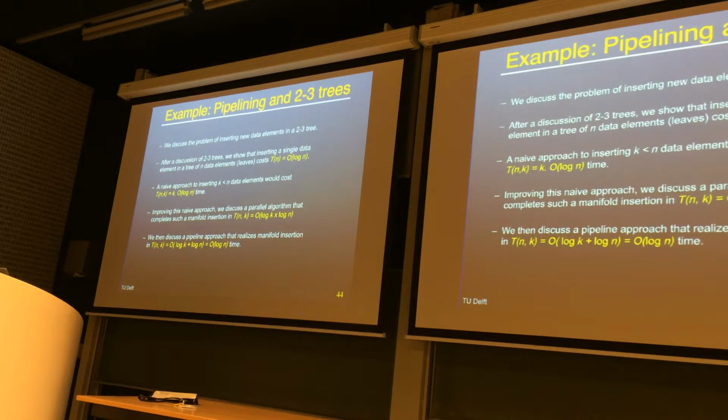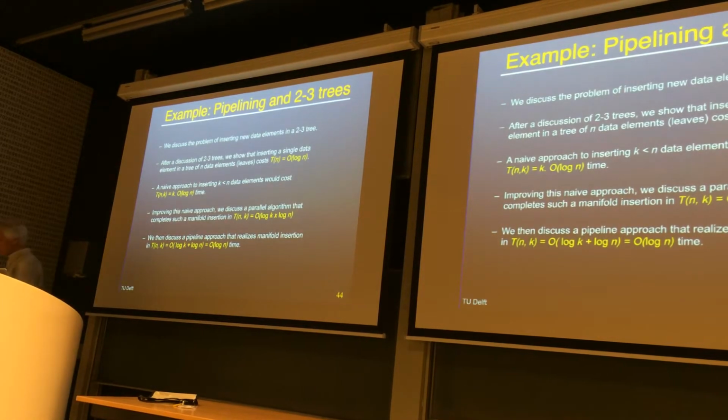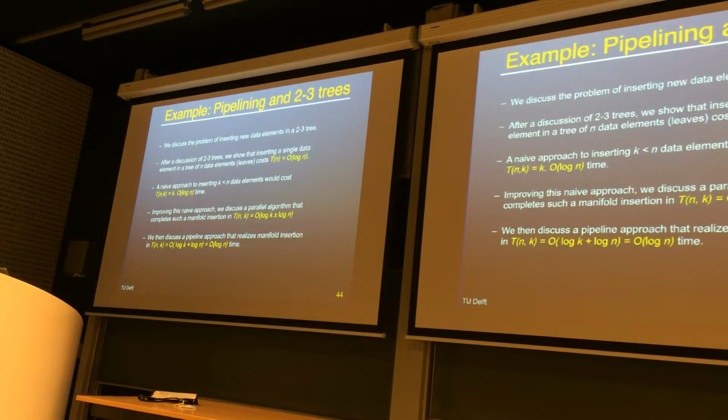Then we improve and discuss a truly parallel algorithm, and we apply a pipelining approach as a kind of post-processing to come up with a very elegant log n time algorithm for inserting at most n elements into the 2-3 tree.